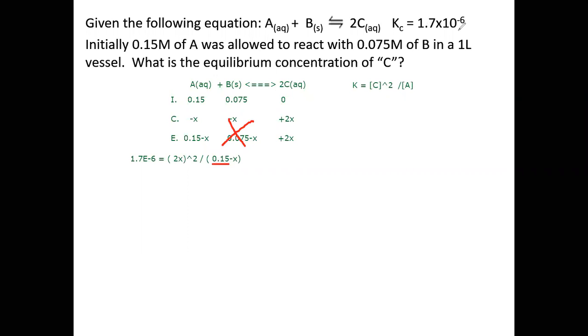The K is 10 to the negative 6. So there's a magnitude of about 100,000 times difference between the initial concentration and K. So we can negate this minus X right here. And so then we can rearrange. So we're going to move this 0.15 to the other side, and we can solve for X.